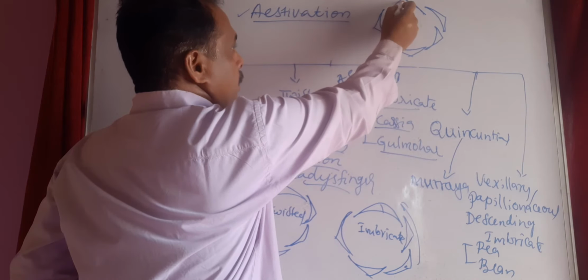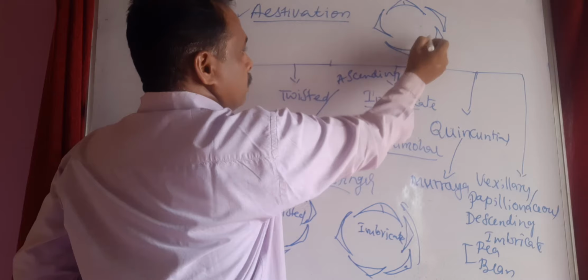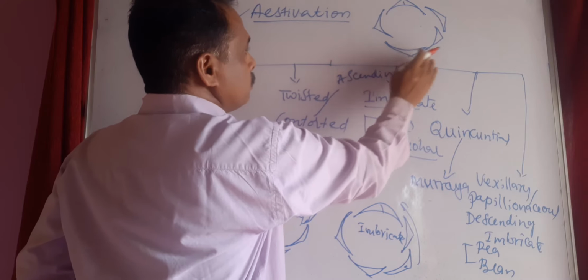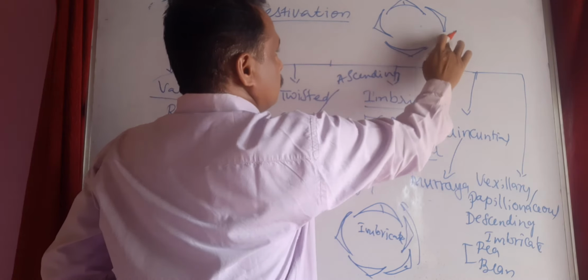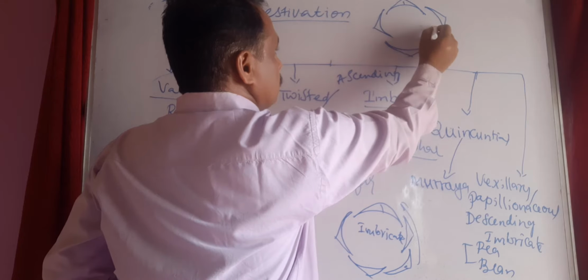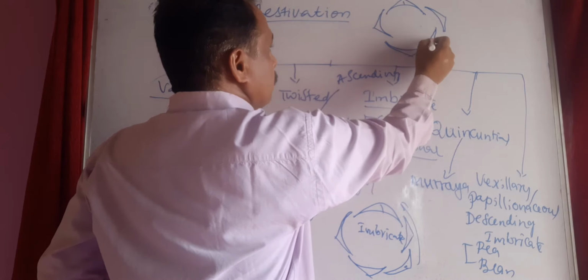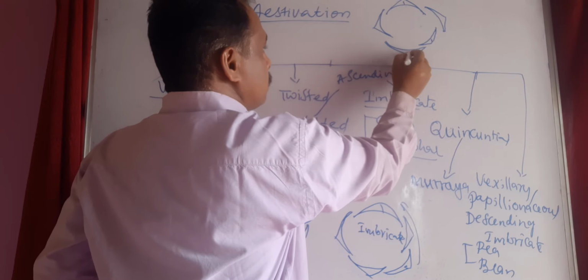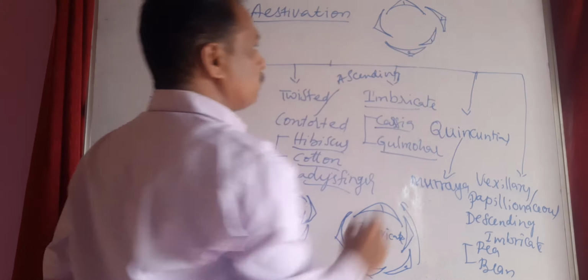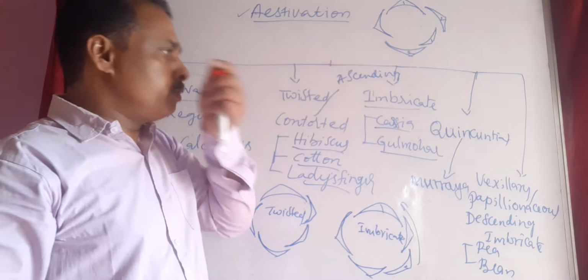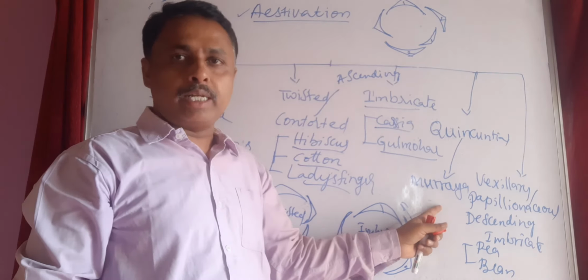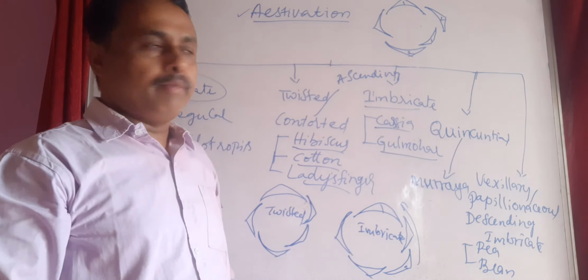This is inside. This is also inside. This is outside. This type of aestivation is called quincuncial aestivation, that is seen in Muraya and guava.